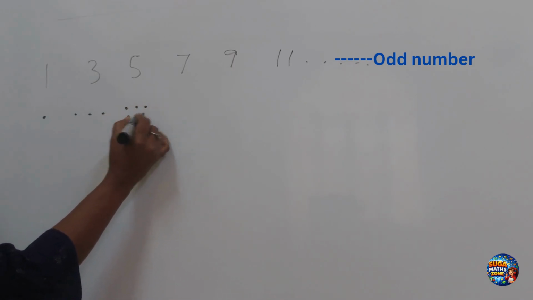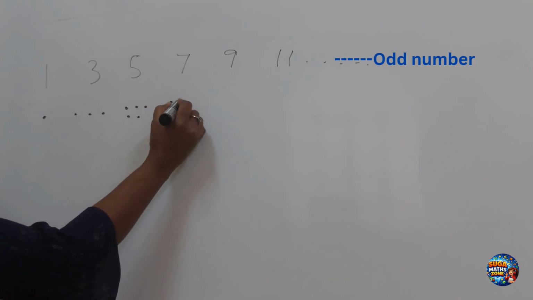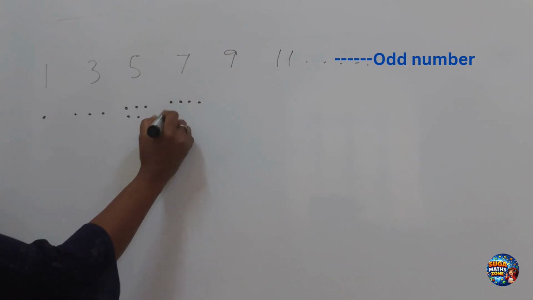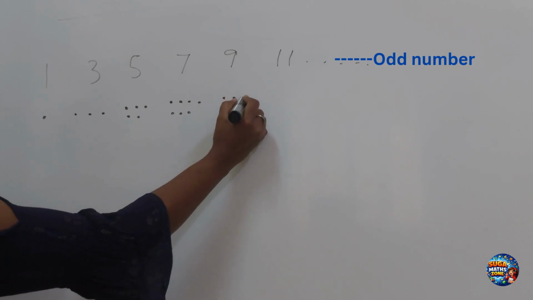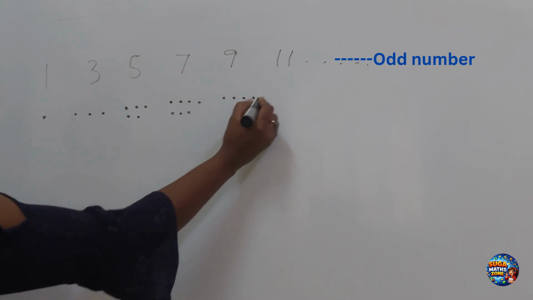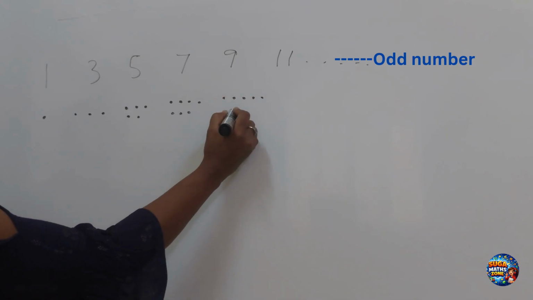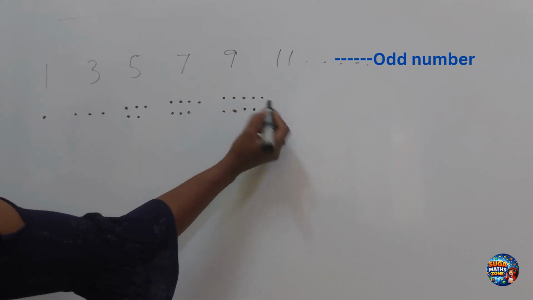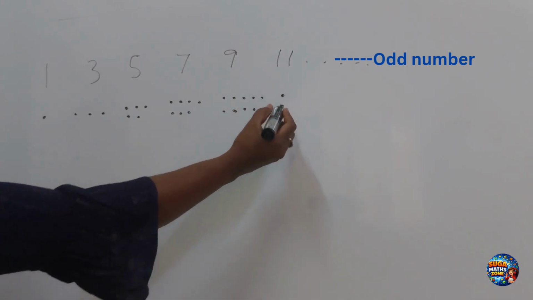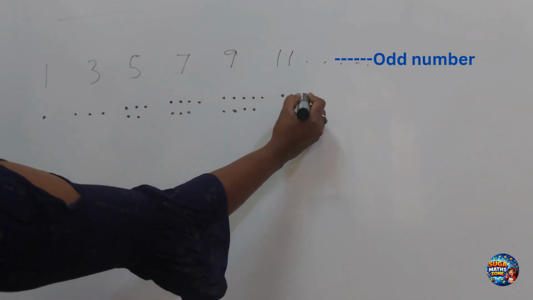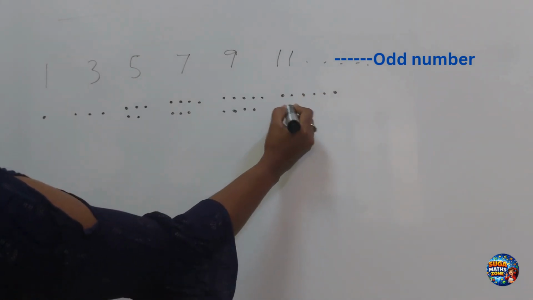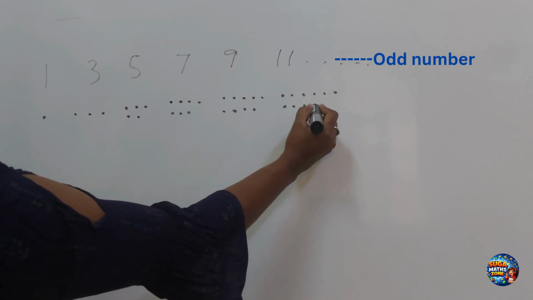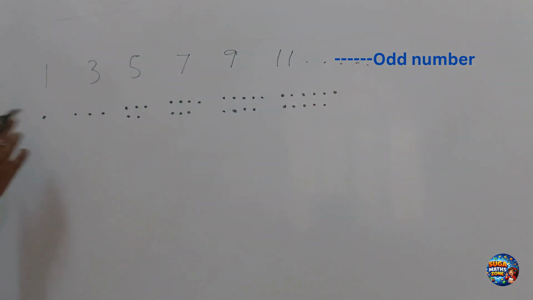Here I am using 2 rows. 7 means 7 dots. Then 9 dots, and 11 dots. This is the odd number sequence.